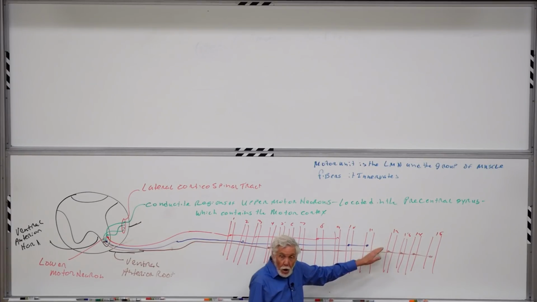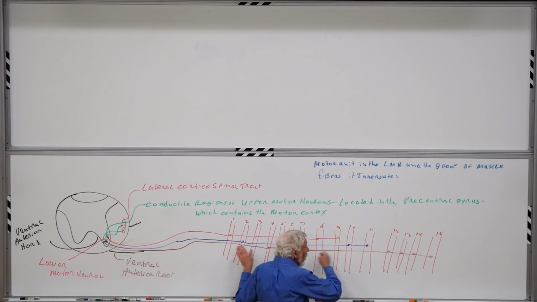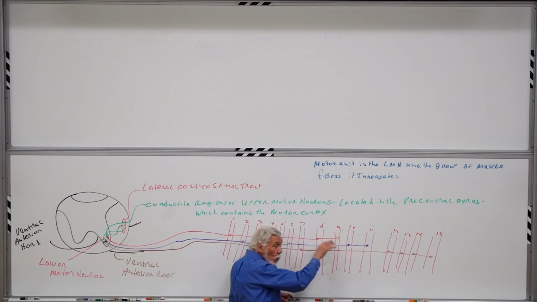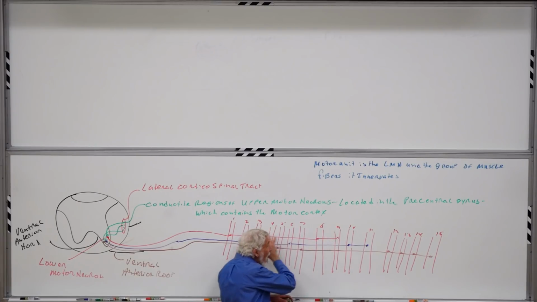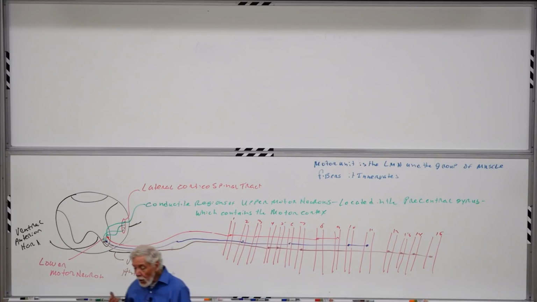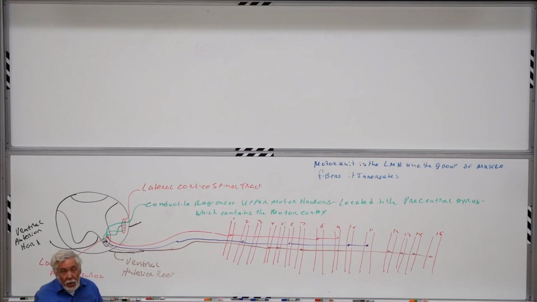When we want to get a stronger response, then we'll call up larger motor units, and when we want to cause a really strong muscle contraction, we'll activate all of the motor neurons pretty much at the same time. If you imagine walking over to the countertop and using your hand to pick up a dime, it's a fairly delicate movement. That's done by the recruitment of a small number of lower motor neurons innervating fairly small motor units.